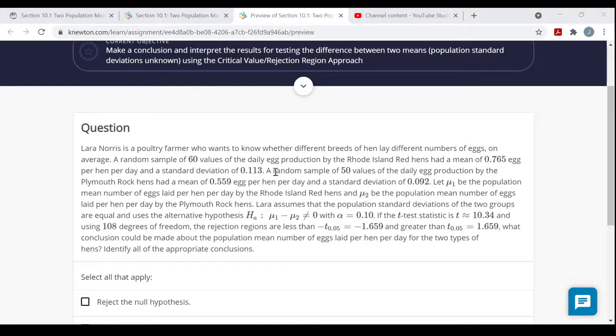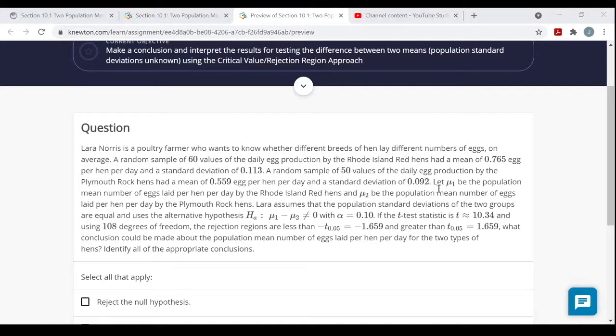Another sample, right, from a different kind of hen, a different population. A random sample of 50 values of the daily egg production by the Plymouth Rock hens had a mean of 0.559 eggs per hen per day and a standard deviation of 0.092. So they're giving us a lot of information here.